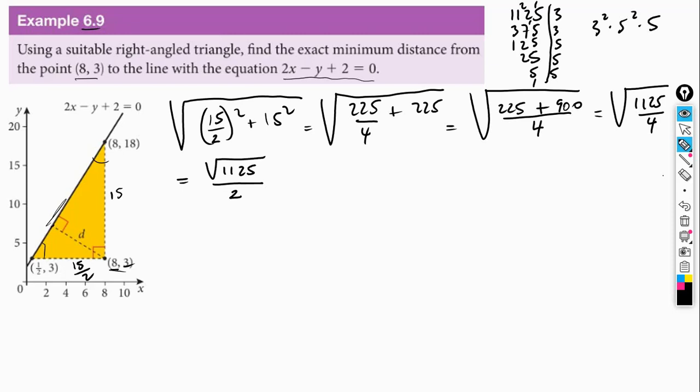And the square root of this is going to equal 3 times 5 times the square root of 5, or 15 square root of 5. So that means that this is equal to 15 square root of 5 over 2. Okay. Now that we have that length, it is 15 square root of 5 over 2 expressed exactly.